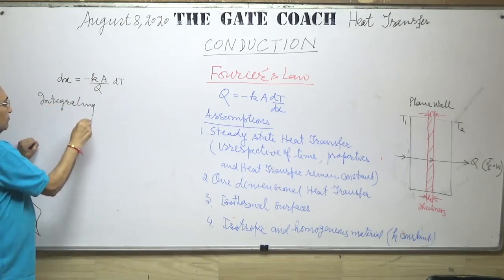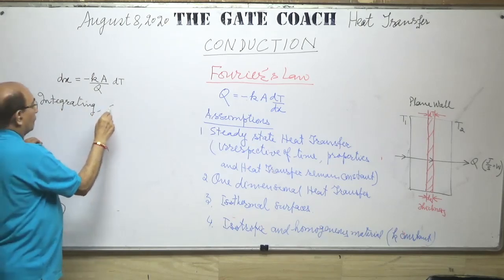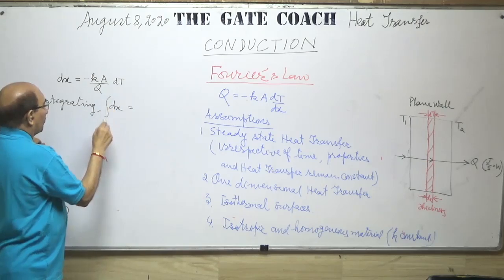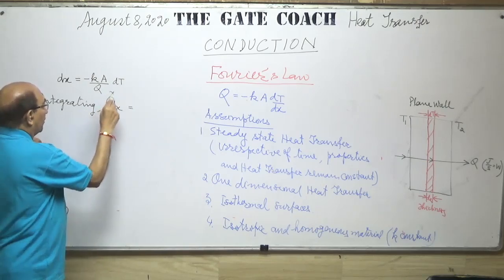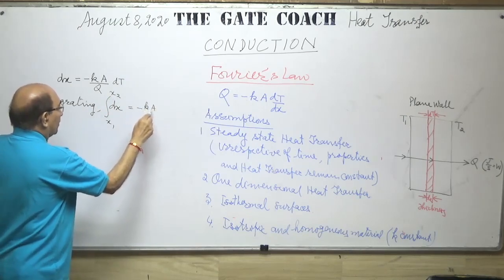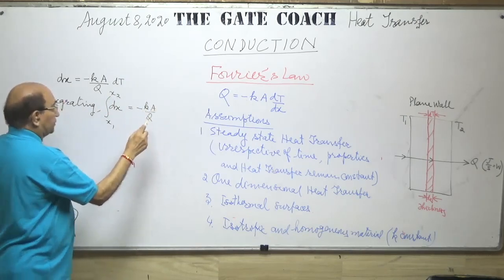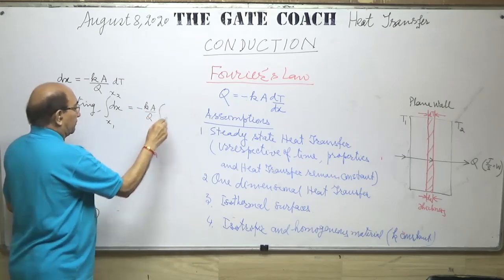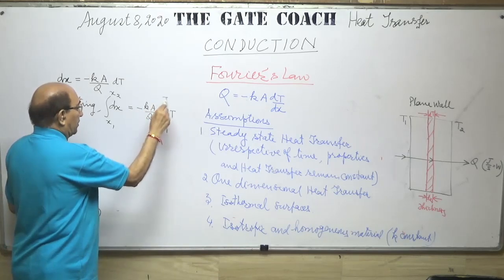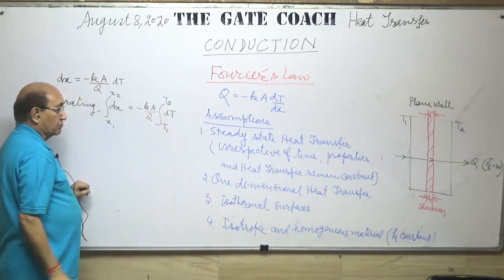Integrating dx from x1 to x2 equals minus k, a and q, they are constants taken outside the sign of integration, dT integrating from T1 to T2.